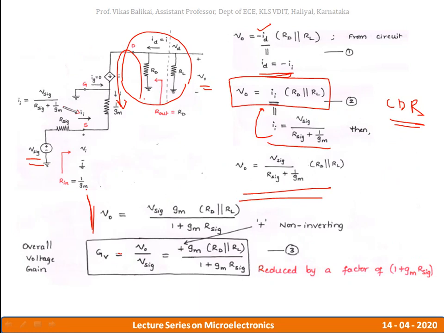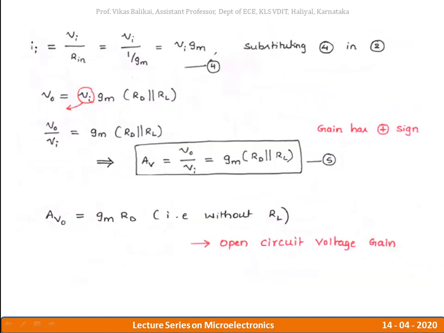If I compare this overall voltage gain of the common gate configuration with the common source configuration, I can see that this denominator term, which was not present in the common source amplifier, is present here, which means my overall voltage gain is reduced by a factor of 1 plus Gm times Rsig. So this is my overall voltage gain value of my common gate amplifier configuration.